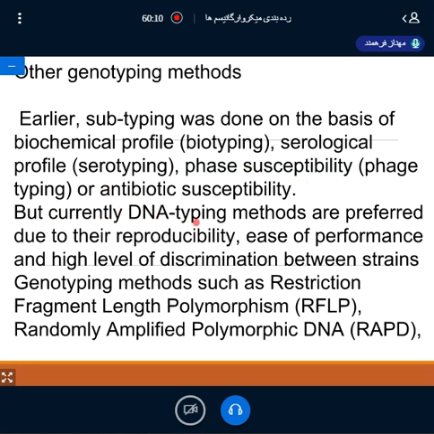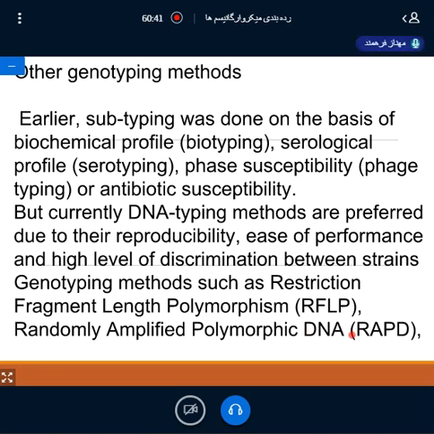But currently, DNA typing methods are preferred due to their reproducibility, ease of performance, and high level of discrimination between strains. Genotyping methods such as restriction fragment length polymorphism, or RFLP, and randomly amplified polymorphic DNA, or RAPD.